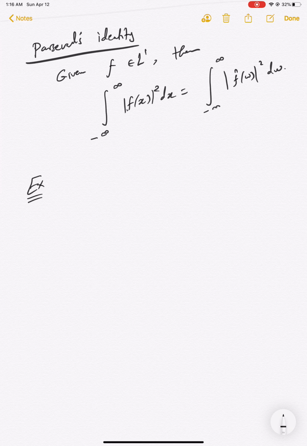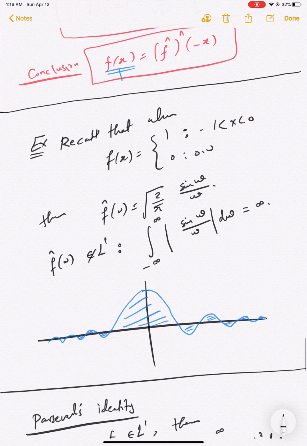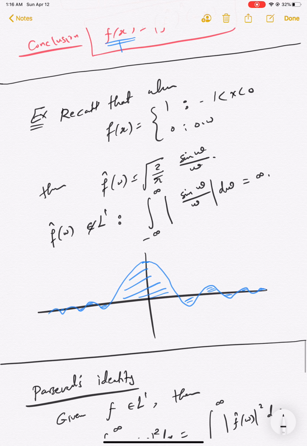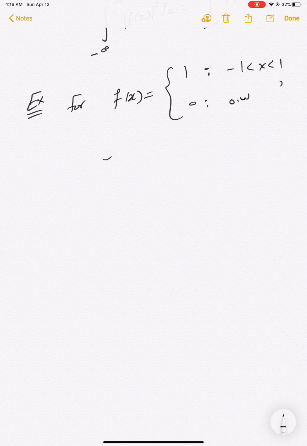Let's go back to the rectangular function, which is just this example, and we call it rectangular. It's clear because if you draw it, it looks like a rectangle. For this function, 1 when x is between negative 1 and 1, 0 otherwise, what do we have? We have f hat of omega equals root 2 over pi sine omega over omega.